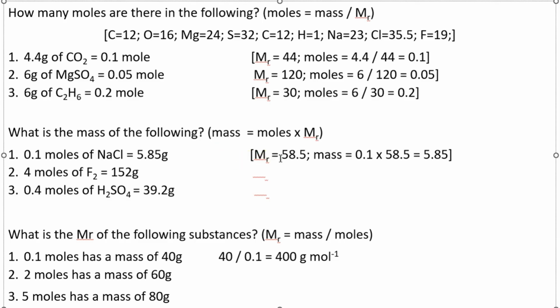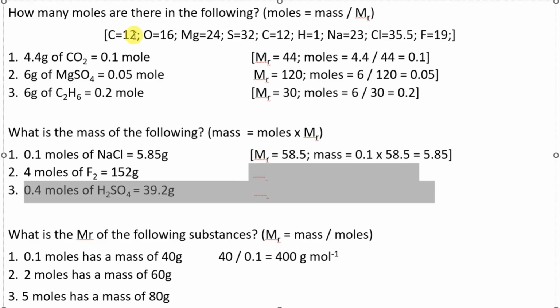I get my molar mass. Mass is equal to number of moles, 0.1, given, times the MR, which is 58.5, comes to 5.85 grams. Again, a couple more if you'd like to try them. The answers are here.